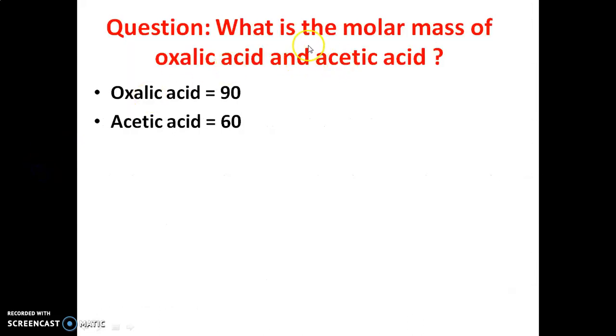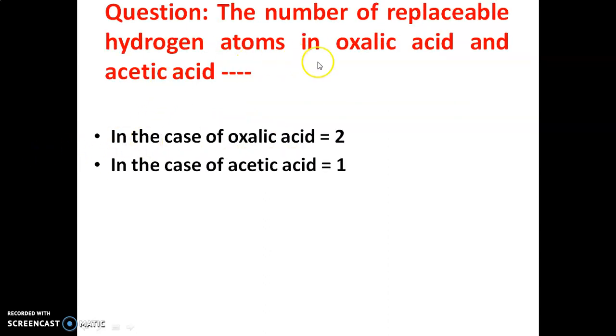Next question. What is the molar mass of oxalic acid and acetic acid? Oxalic acid 90, acetic acid 60. You can calculate. Next, the number of replaceable hydrogen atoms in oxalic acid and acetic acid respectively.